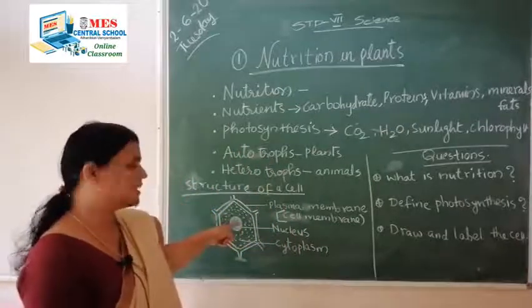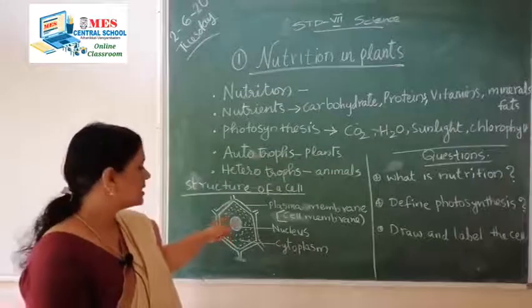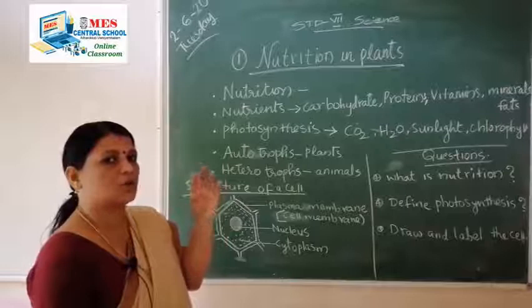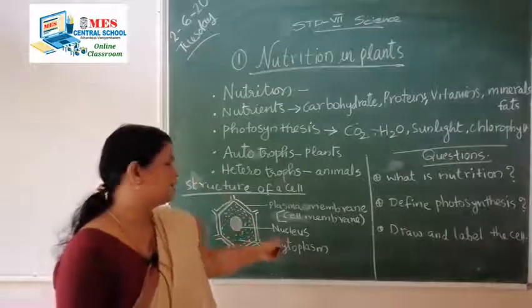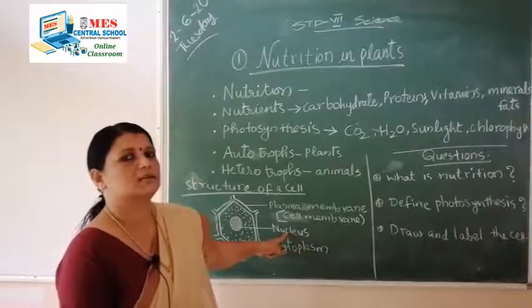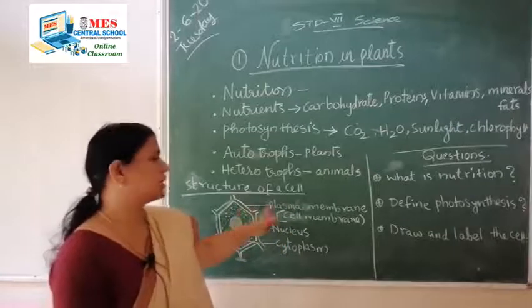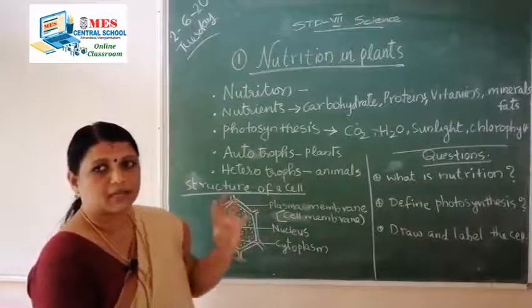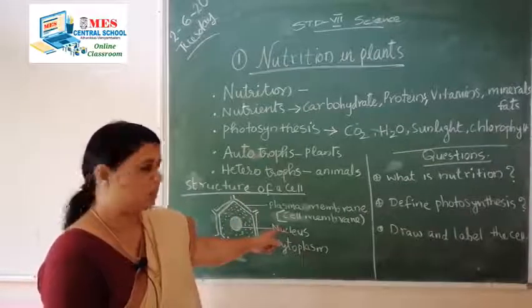And in the center of the cell, there is a round or spherical structure called nucleus. Simple one, the outer covering is plasma membrane or cell membrane. In the center, there is a spherical structure called nucleus.